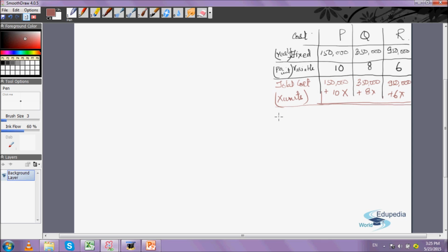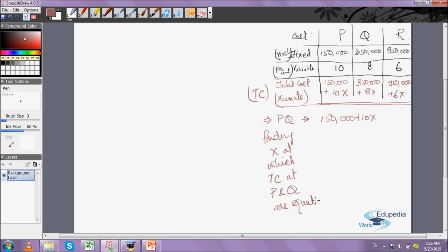So let's take first the locations P and Q. We are finding the value of x at which the total cost, TC, at P and Q are equal.